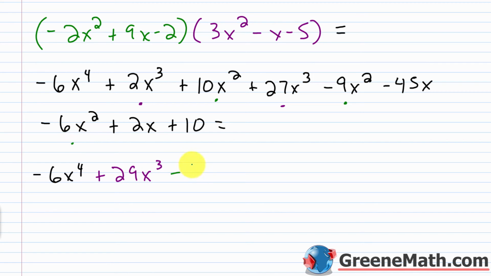So this would be minus 5x squared. Then I'm looking at negative 45x and 2x. Negative 45 plus 2 is negative 43. So minus 43x. And then lastly, plus 10. This is exactly what we started out with as our dividend. Negative 6x to the fourth power plus 29x cubed minus 5x squared minus 43x plus 10.